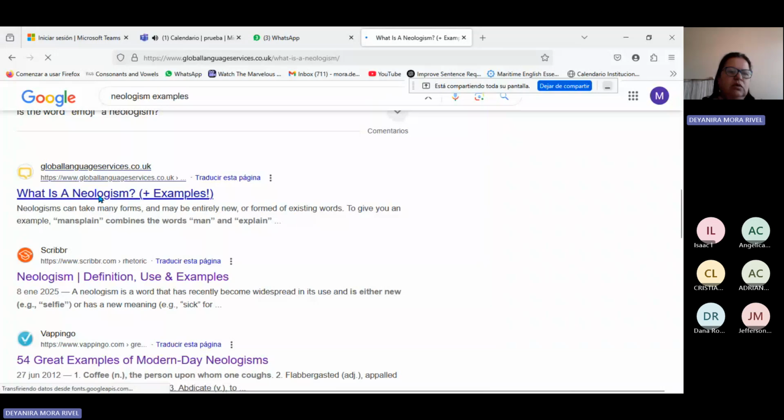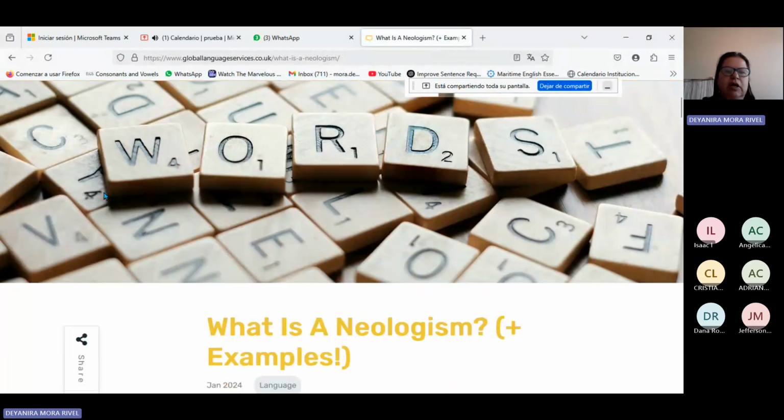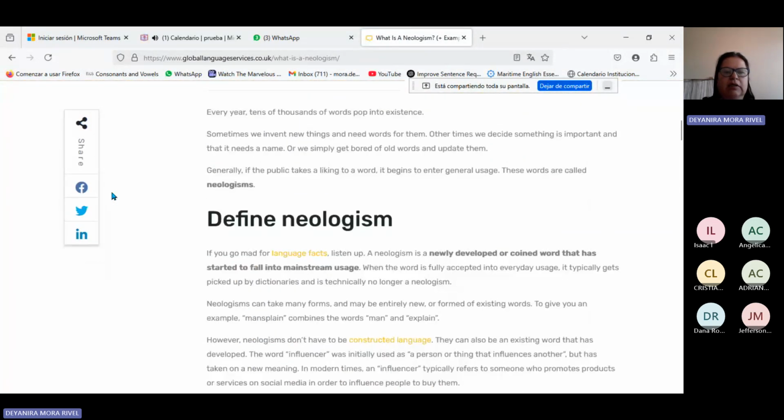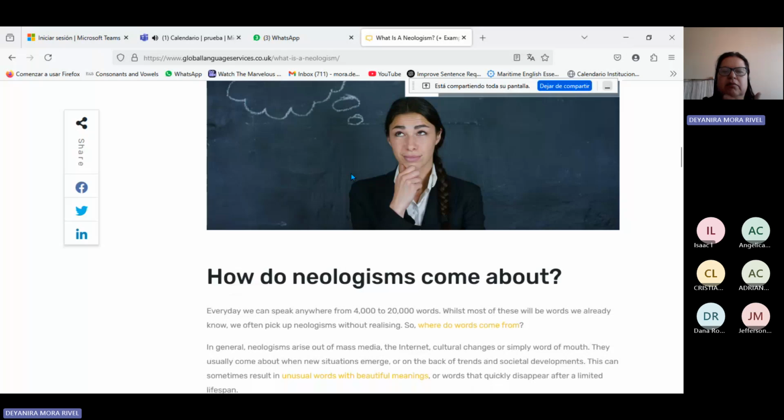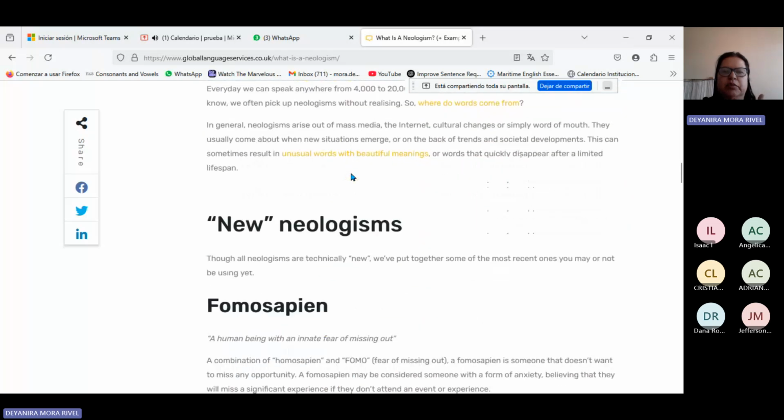Okay, let's take this one. Like I said yesterday, I looked for some and I didn't find anything. So the definition is a newly developed or coined word that has started to fall into mainstream language. Okay, so a word that is new, that begins to be used.